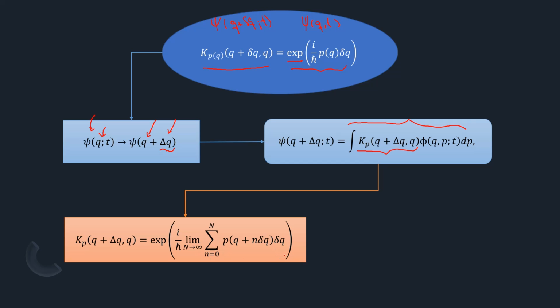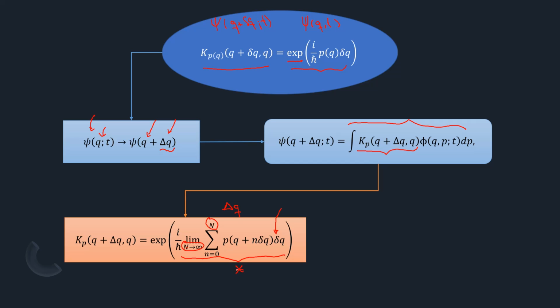And this, if we assume delta Q as infinitesimal, means that to cover the finite distance delta Q, we have to take a number of steps which goes to infinity.